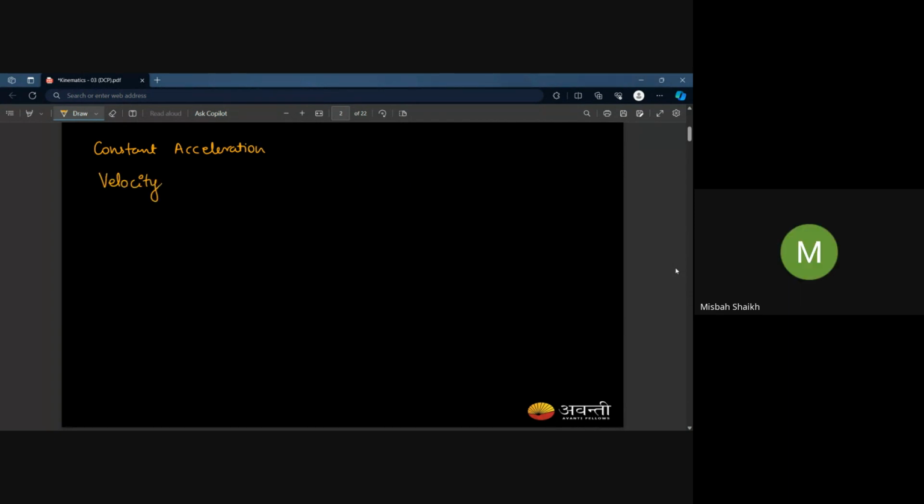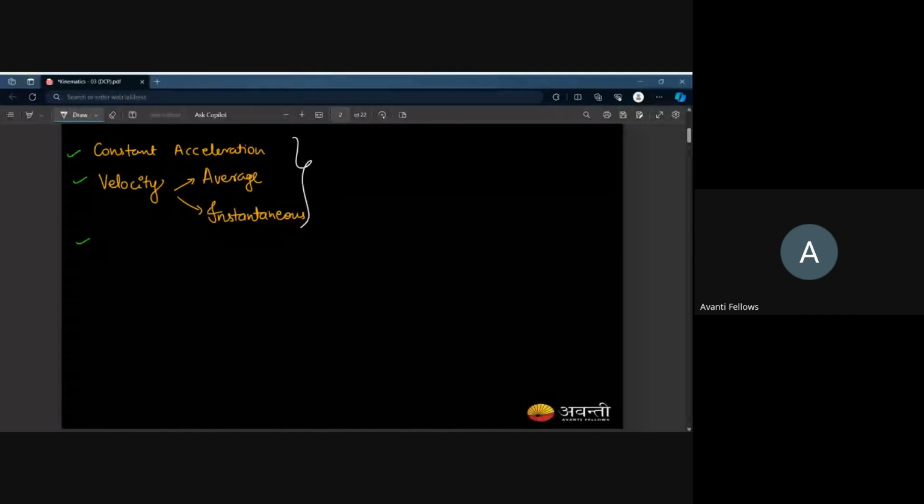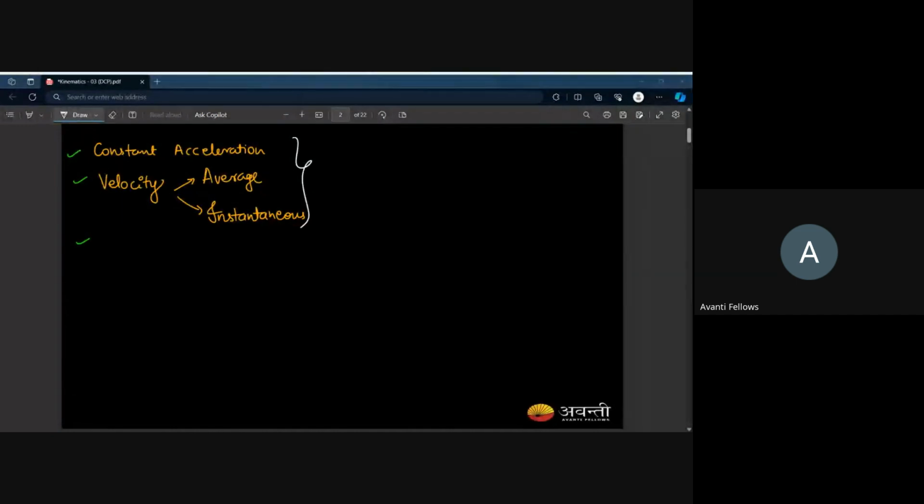Two types of velocity, average and instantaneous. Cool. Anything else you want to add? You also told the concept of differentiation. Yeah, please continue now.